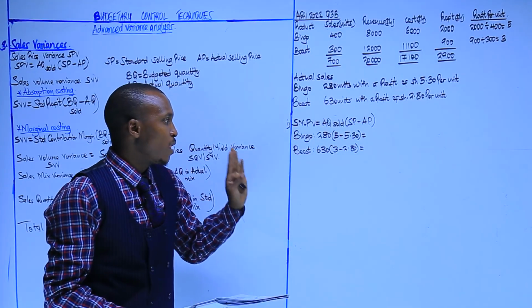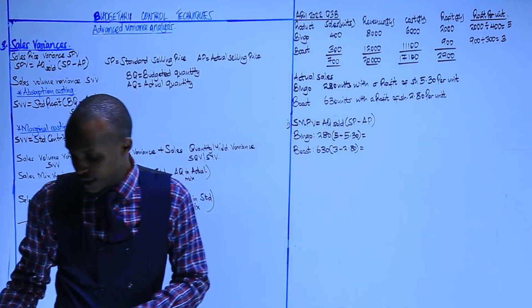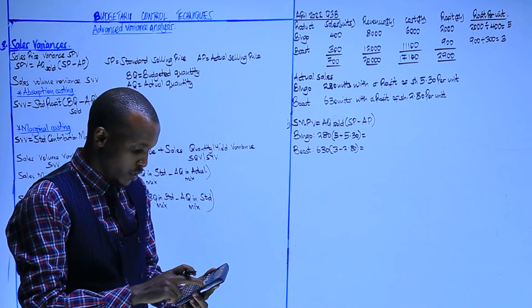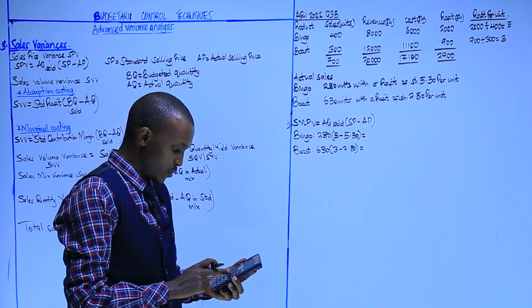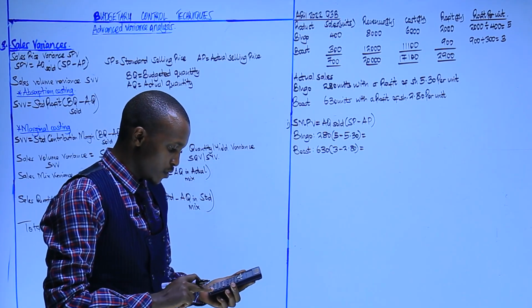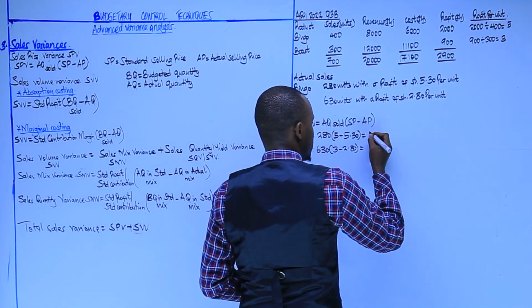Okay. Now let's analyze this variance. 280 bracket 5 minus 5.3. This is 84.